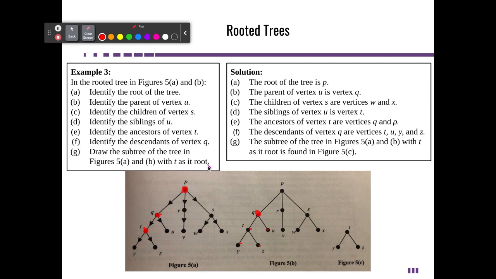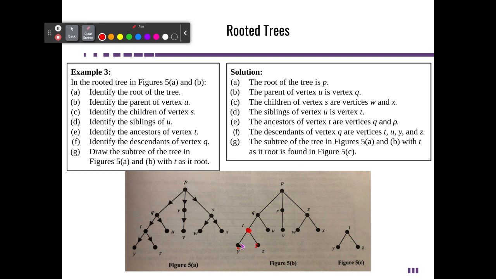And then last but not least, it says draw the subtree of the tree in figures 5A and 5B that is rooted at a vertex. All right, so we look through here and try to find a situation. The one they're claiming is going to be this one right here, and it is a root because it has 2 things off of it.